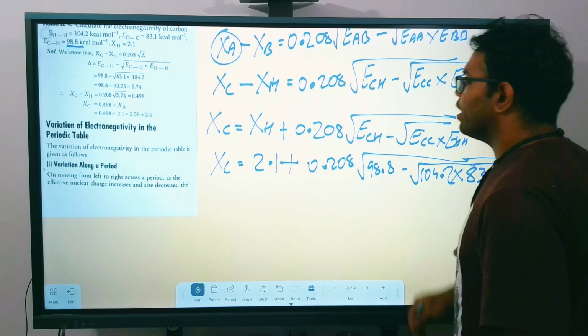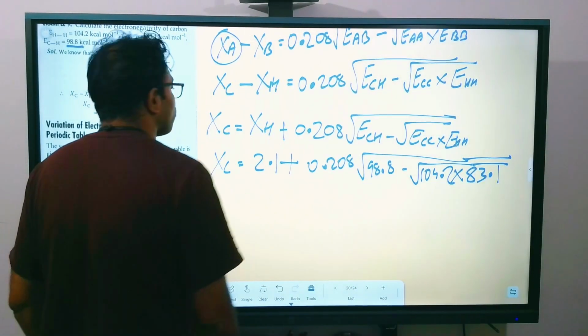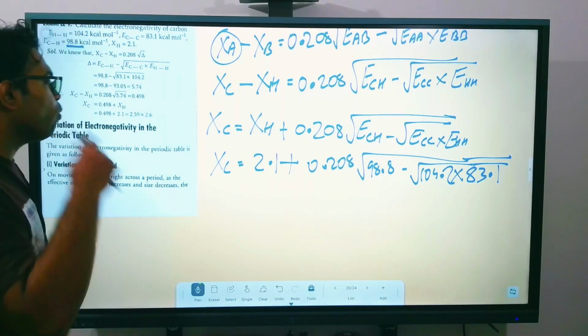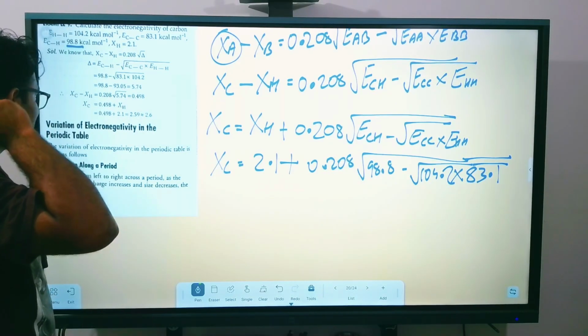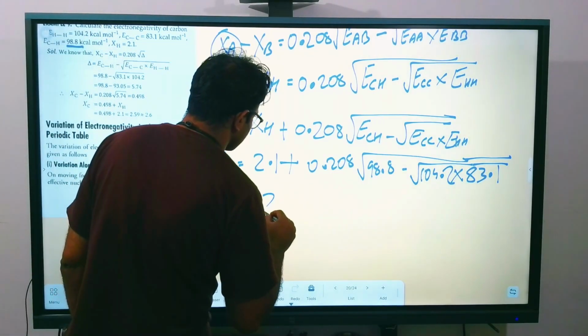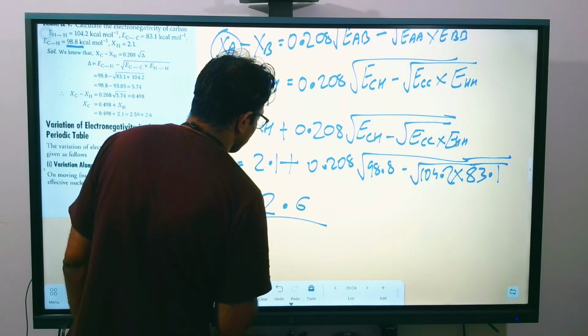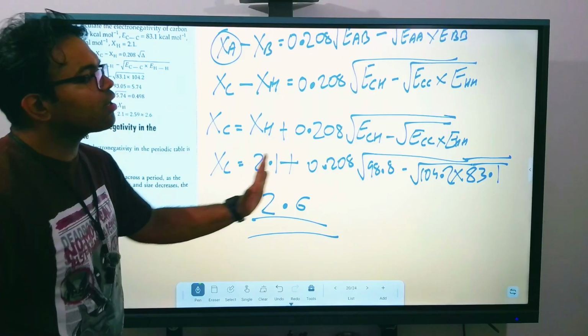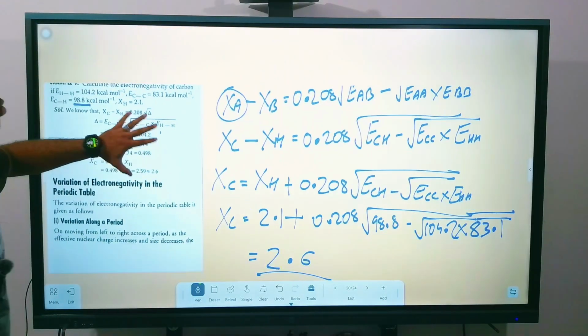Okay, now if you solve this whole thing, what will you get? You will get 2.6. By solving this complete formula, you will get 2.6.